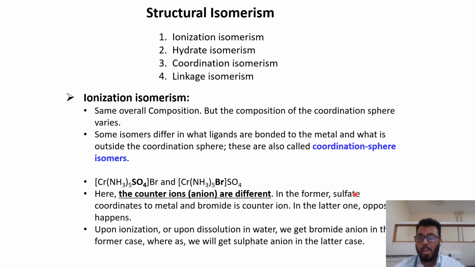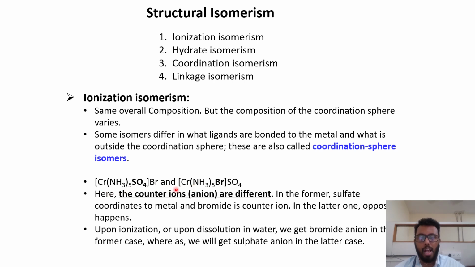Some isomers can also differ in the ligands that are bonded to the metal and what is outside the coordination sphere. As a result, these are also called coordination sphere isomers. See these two coordination complexes. These are the example for ionization isomerism.